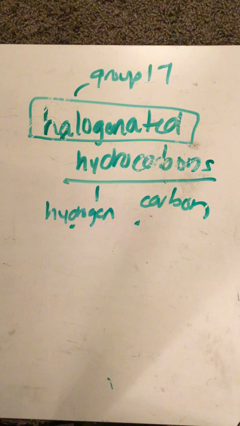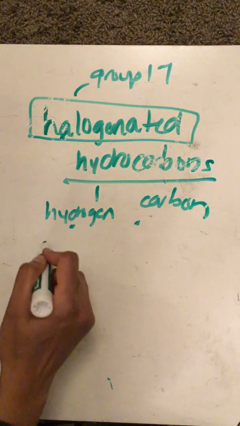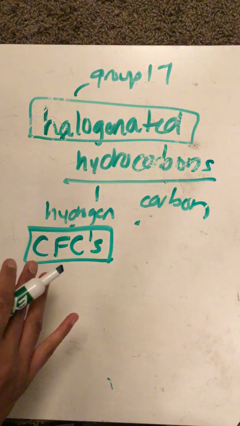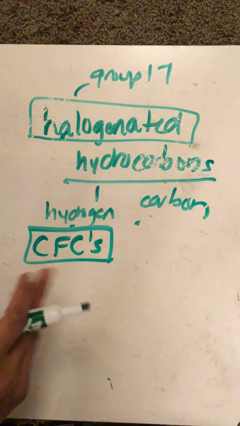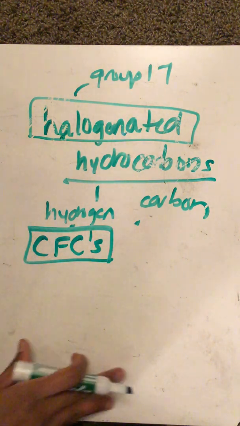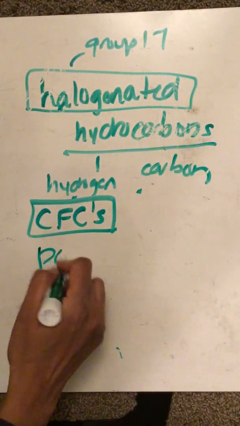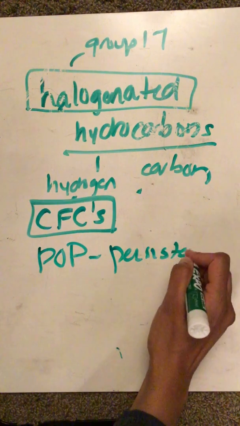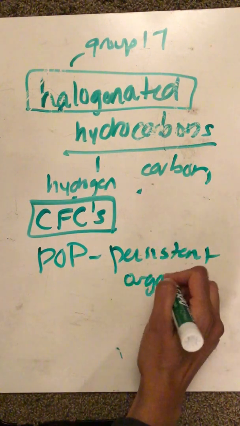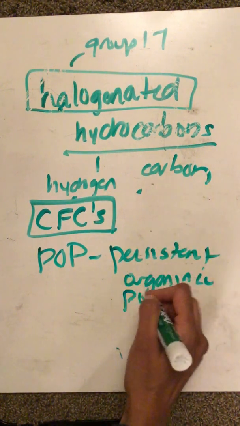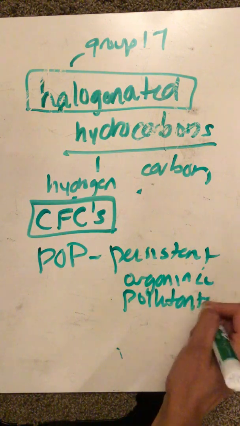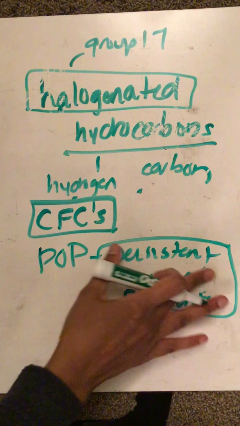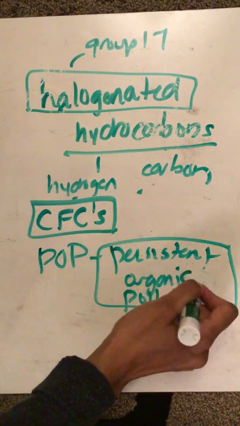We're going to talk about the one that's really important, called CFCs, which you might have heard about before, which are destroying our ozone layer. Those are halogenated hydrocarbons. Halogenated hydrocarbons are called POPs, meaning they're persistent organic pollutants. That means they persist in the environment, meaning they're really hard to break down.